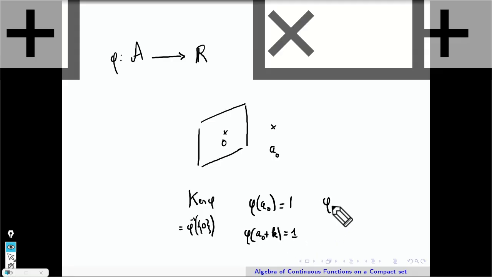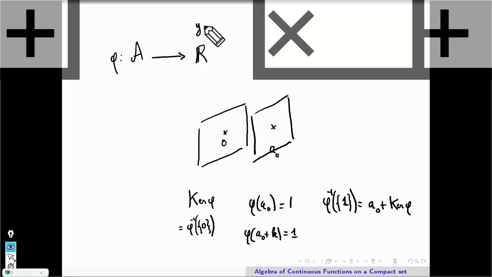So it says that the level set of another point, so here of 1, in fact is a copy, a translation of the kernel. It is all the elements of the form a specific solution plus a homogeneous solution, like this. So in fact, I can parameterize.